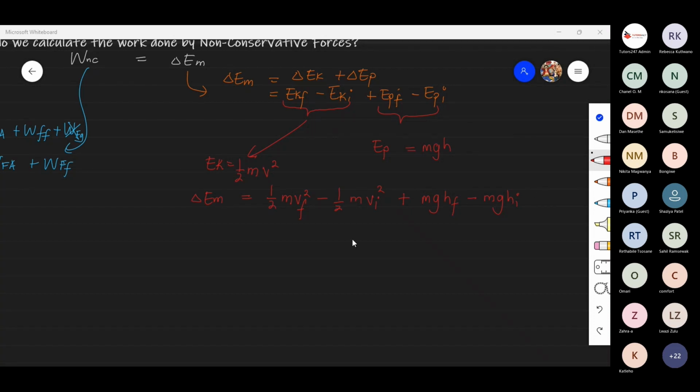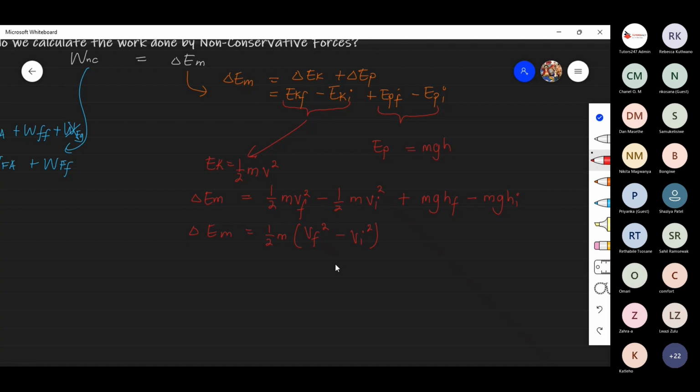Okay, so from this part, like I mentioned earlier, all we are going to do is take out the common factors from each part. Let's start with our kinetic energy part. From our kinetic energy part, we are going to take out a half m, and we will be left with VF squared minus VI squared.